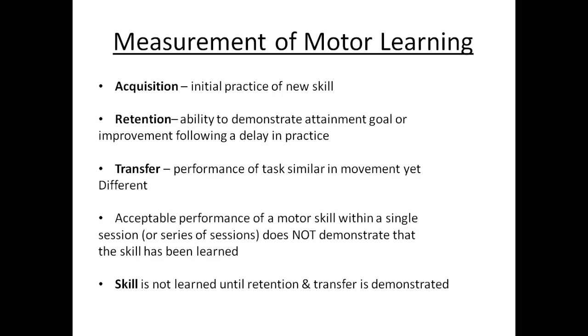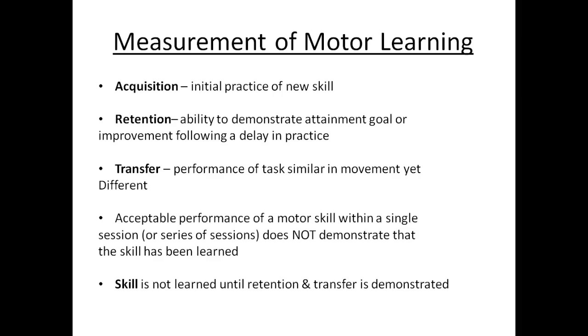So, measurement of motor learning. We've got this acquisition of skills, acquiring new skills, and that's what a young child is doing all the time. Retention, their ability to retain these skills. It's no good learning a new skill unless you practice it. We refer to 10,000 hours to become a master of that particular movement.